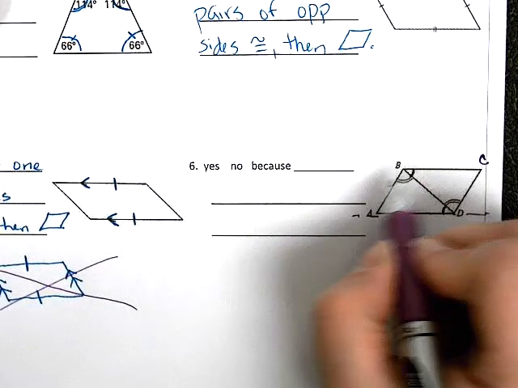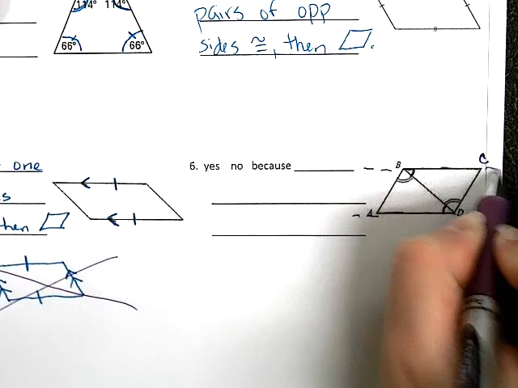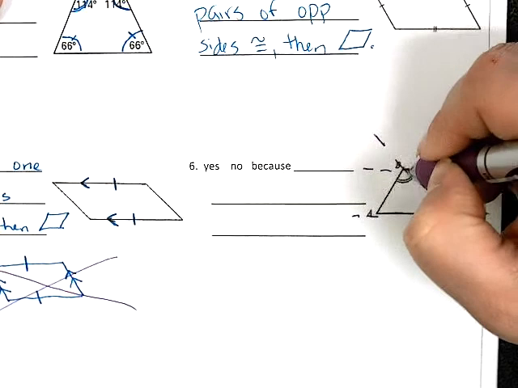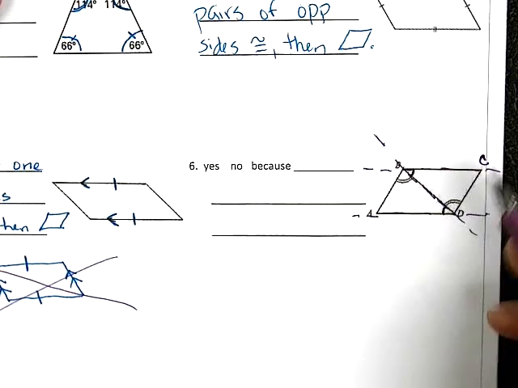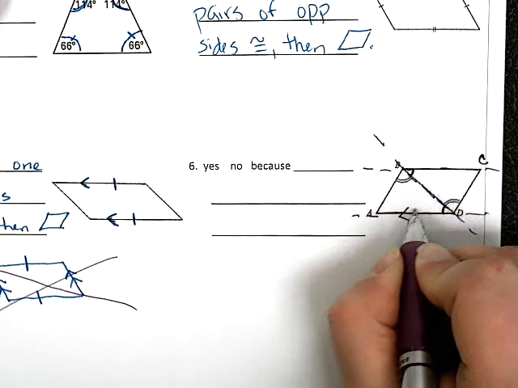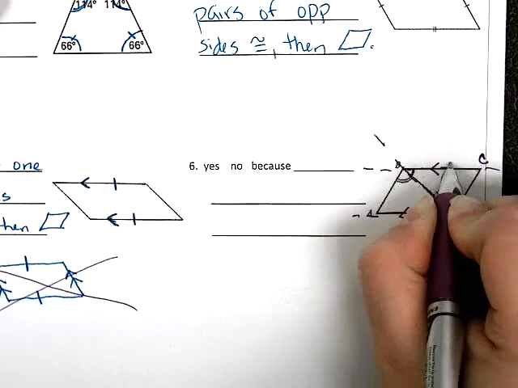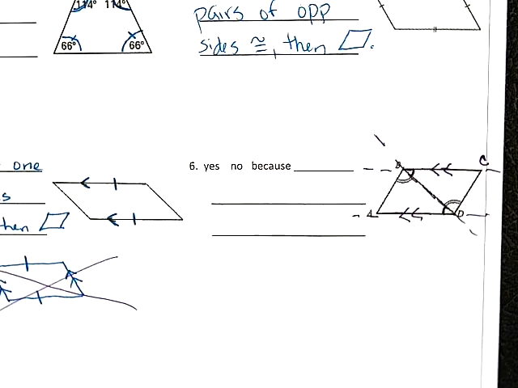I'm going to draw in some lines here. And a transversal. And if we look at those purple angles that I marked, if those two angles are congruent, those are alternate interior angles. So that actually tells us that those two lines are parallel to each other.